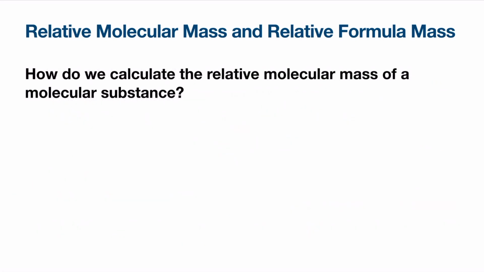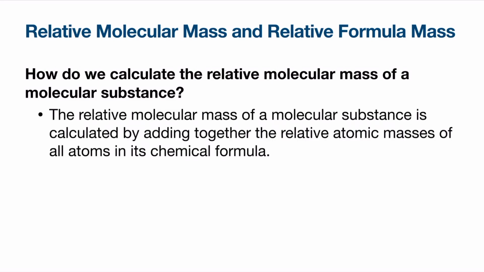Now, how do we calculate the relative molecular mass of a molecular substance? The relative molecular mass of a molecular substance is calculated by adding together the relative atomic masses of all atoms in its chemical formula. If we're talking about the relative atomic masses before, we are just simply looking for its average atomic mass in the periodic table.